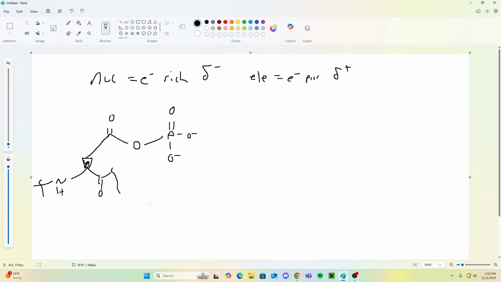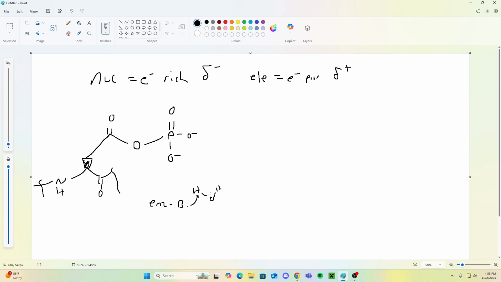And we assume that there's a base in solution. So we say the enzyme base would probably attack water in solution to grab one of these protons.